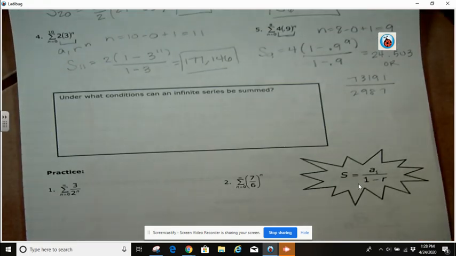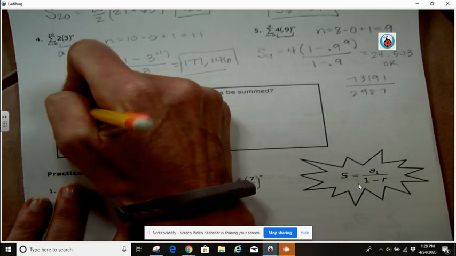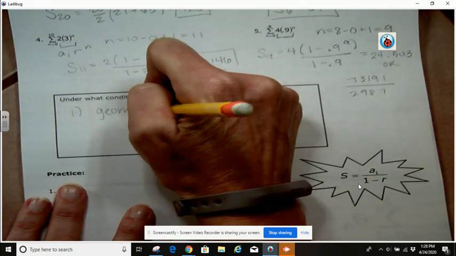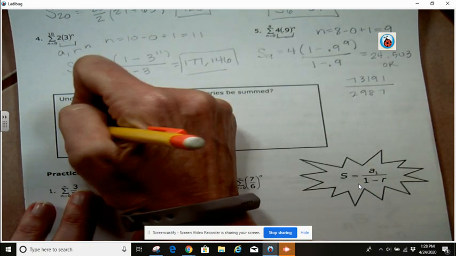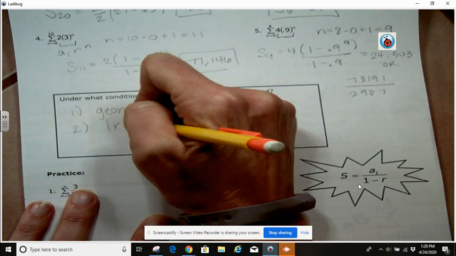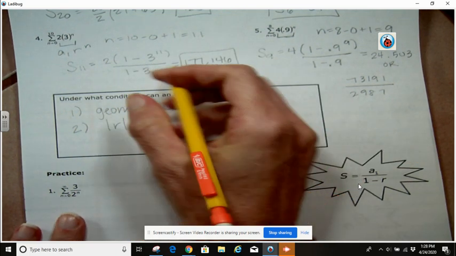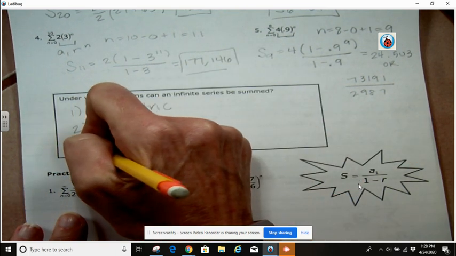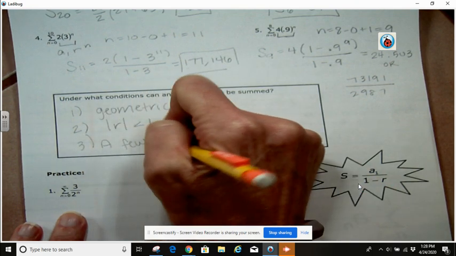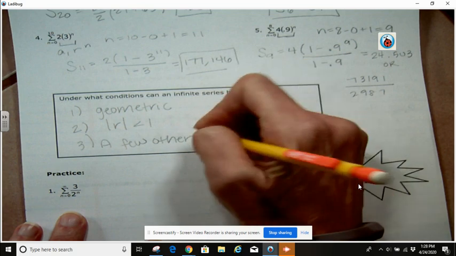Under what conditions can an infinite series be summed? Well, it has to be a geometric series. The absolute value of r has to be less than 1. And third, there are a few other types of infinite series.